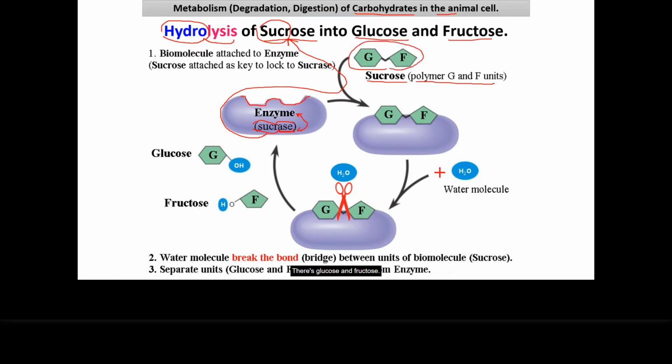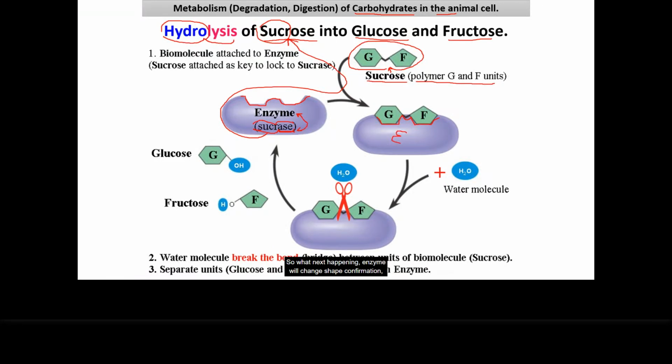There are glucose and fructose, and they have a chemical bond between each other. So sucrose will be attached to this enzyme, sucrase, in here. Key and lock mechanism, the precise shape of this active site of the enzyme.